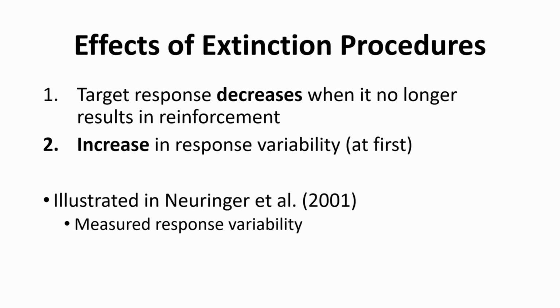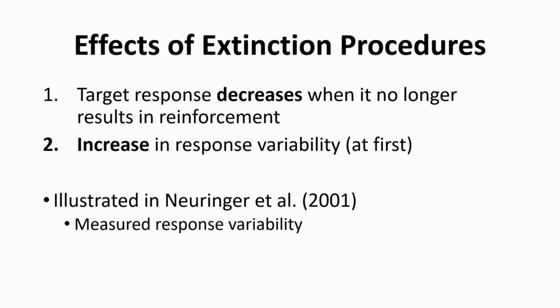The second part is that we do see an increase in response variability, at least at first. So right off the bat, when the machine wouldn't take our money and give us the food that we wanted, we would try different responses, hit different buttons, hit the same buttons in a different way, shake the machine. Those are all instances of response variability.